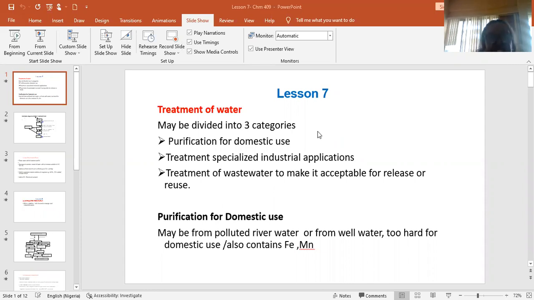Even if you get a job, you can still have a business. Because at the end of the day, if you have the extra time, you can still do this business. Pure water business is being done by people who have no clue about what they're doing. So it's important for us as chemists to know how water from the well or water from the river gets to our table. So, purification for domestic use.